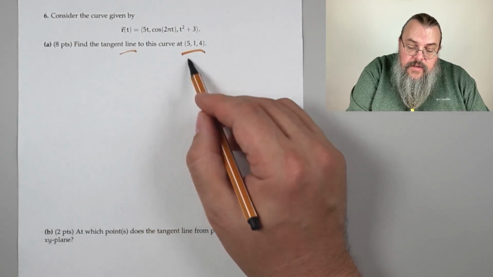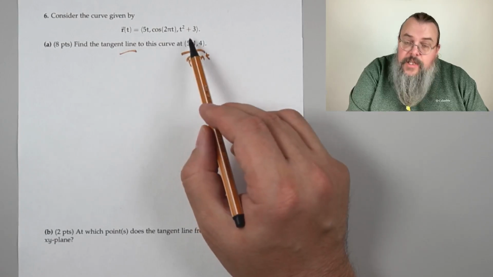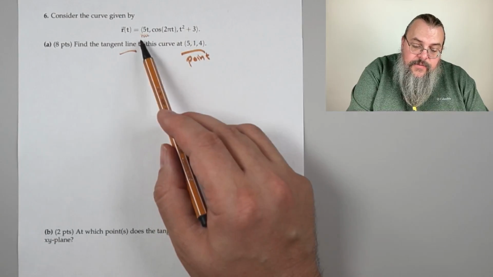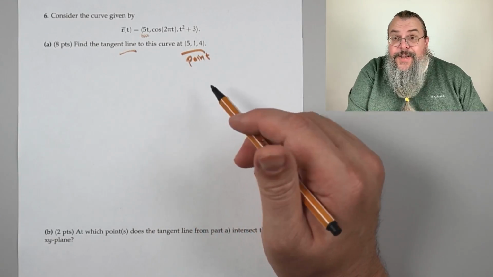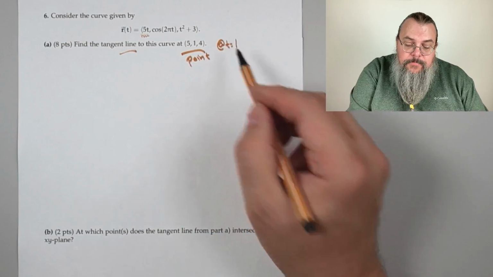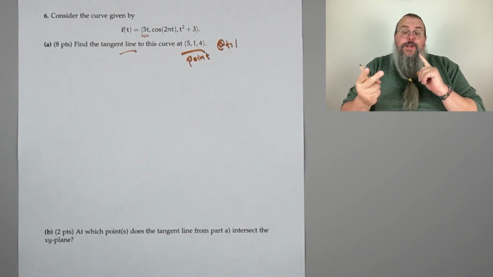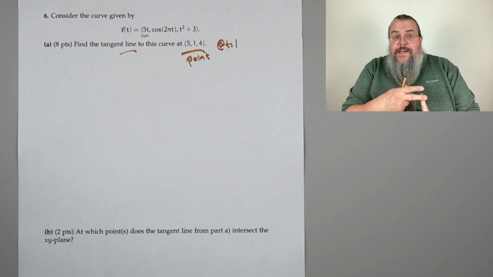So here's our point, and notice which value for t works. Well, let's look at the first entry. When does 5t become 5? Well, just at t equals 1, so we say, aha, so we're looking at t equals 1. So we're in good shape. We have our point. We know when the tangent line would occur, in other words, the right time.